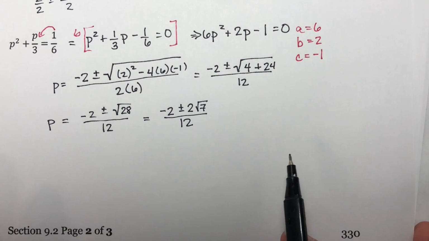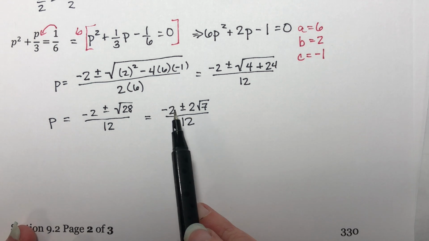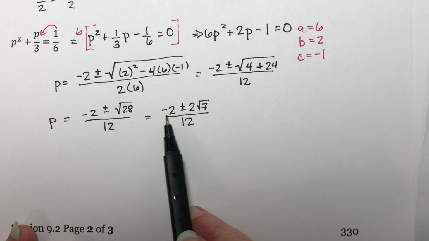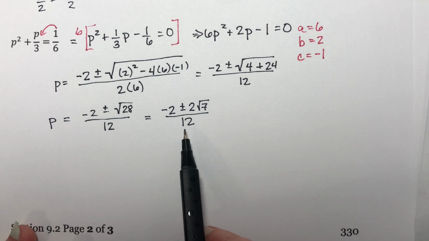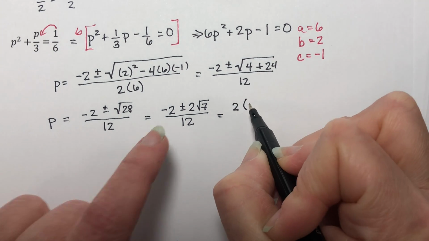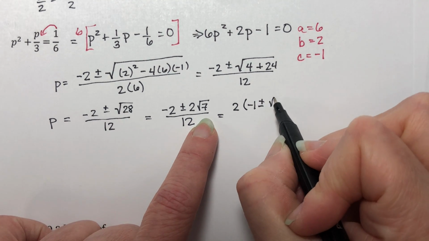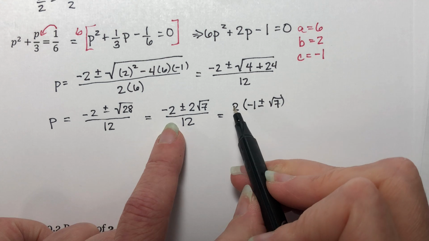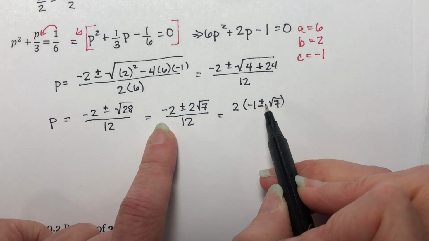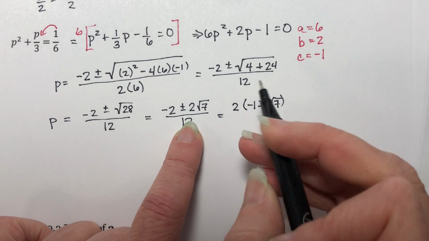Okay, and the same thing happens here as happened on the problem before. We need to factor out the 2 here because the 2 will reduce with the 12. So when I factor that out, I have negative 1, either plus or minus the square root of 7. Think about distributing this back. You would get negative 2 here. You're going to get whatever sign is right here. And then 2 times this does give you this.